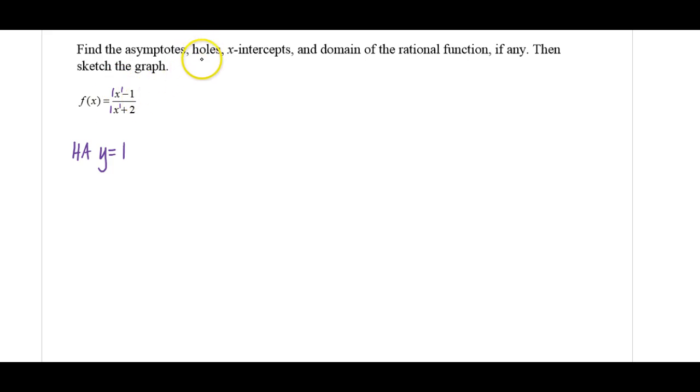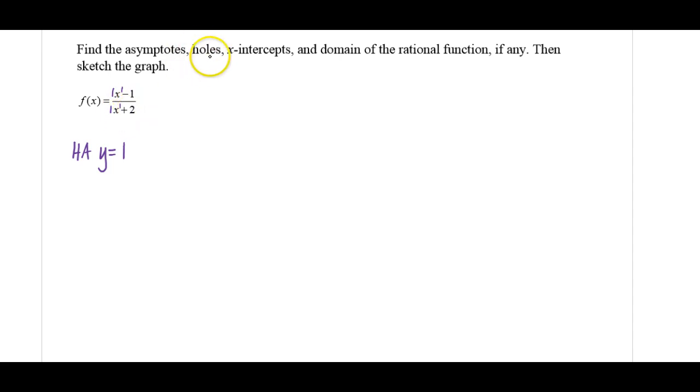The next thing I said we would look for is holes in the graph. The first step prior to that would be to factor, but this is already in factored form for us. I have one expression, x minus 1, over one expression, x plus 2. So there's no factoring that can be done here.